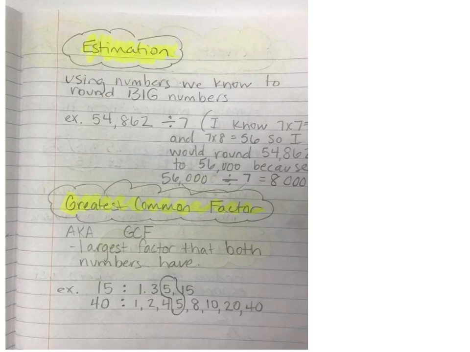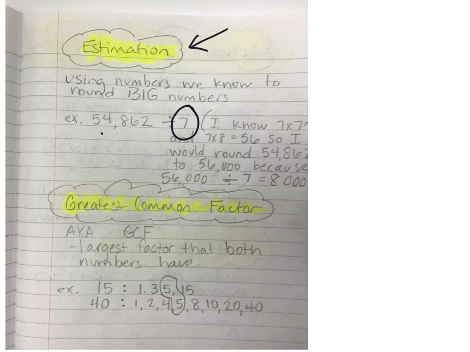Estimation, using numbers we know to round big numbers. This is when you get to choose, when you get to decide what facts do I know and change the numbers. It doesn't have to be round to the nearest tens, hundreds, thousands. You can round it to whatever makes sense. For example, in 54,862 divided by 7, okay, keep this number, look at 7. Well, what does 7, if I use my multiples, 7, 14, 21, 28, 35, 42, 49.